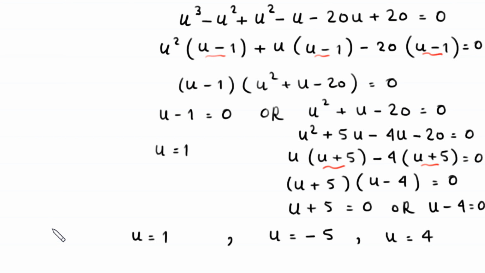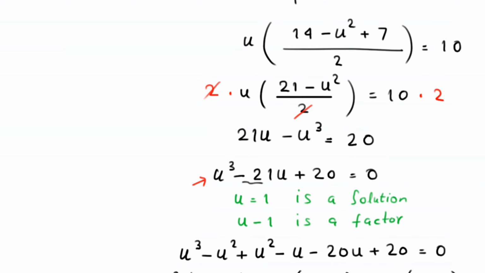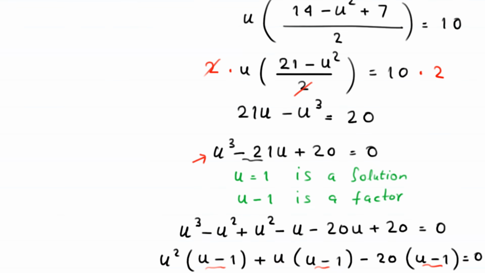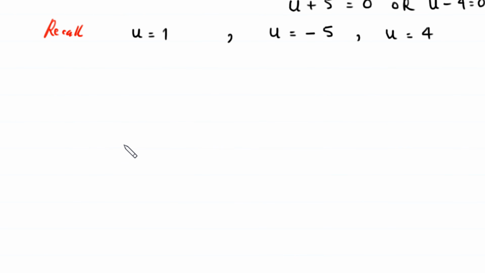Now to find the values of v, recall the equation. V is equal to (u squared minus 7) over 2.